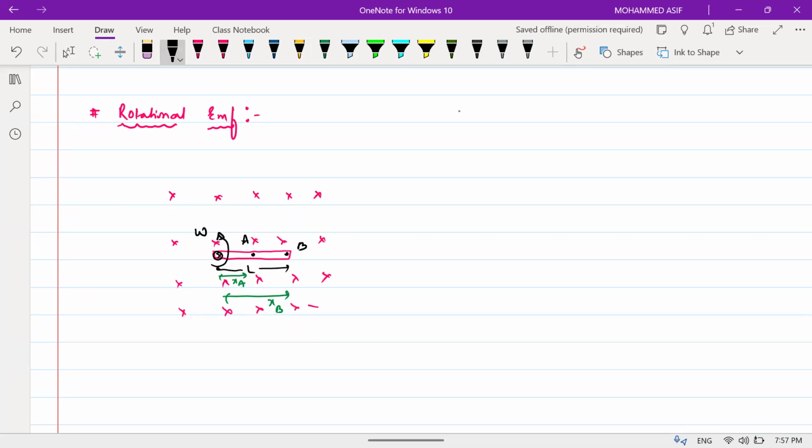Due to the rotational EMF, potential difference is given by the formula delta V is equal to half into B into omega into XB square minus XA square. This is the formula. Delta V is equal to half B omega into XB square minus XA square.